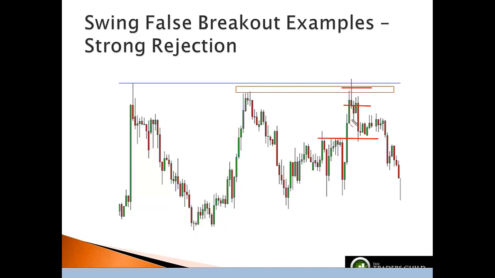Until price gets down here, testing maybe this form of supply, I'm not going to start tightening my stop loss. This is my ultimate target down here, so there's nothing here to suggest that price should get held up by anything else.